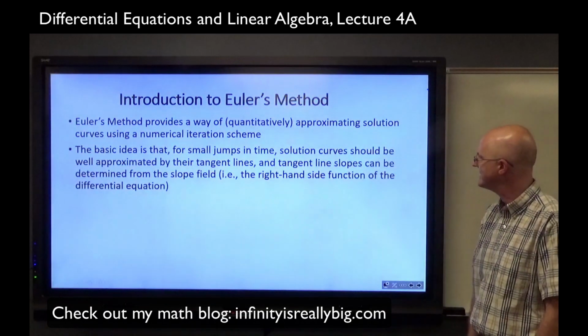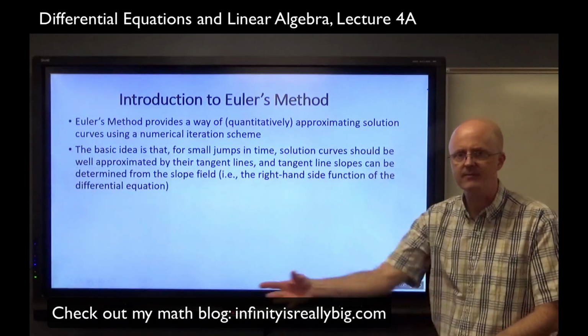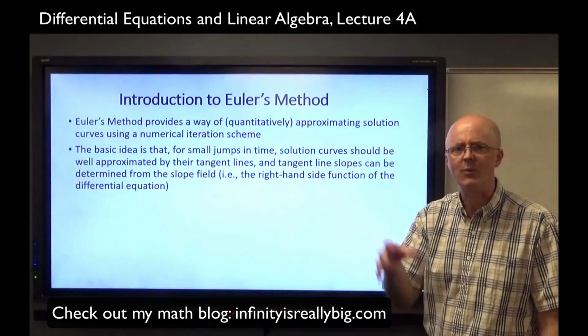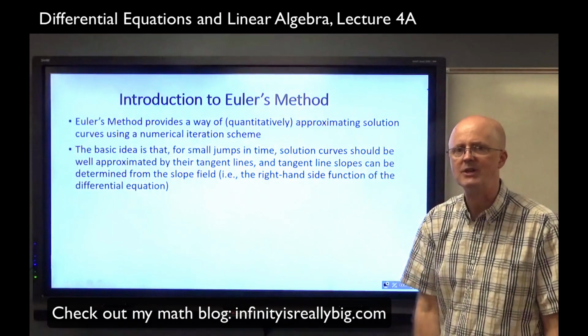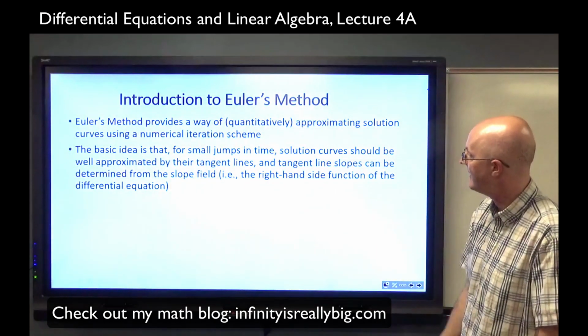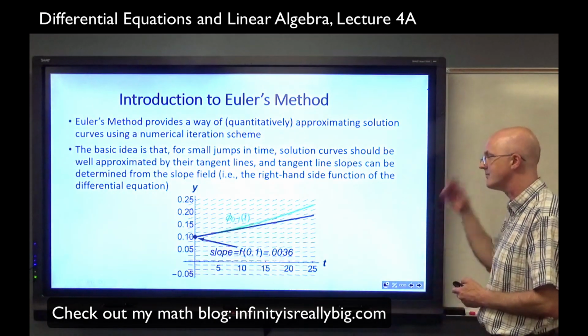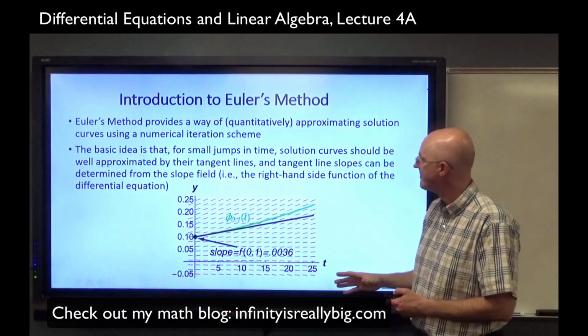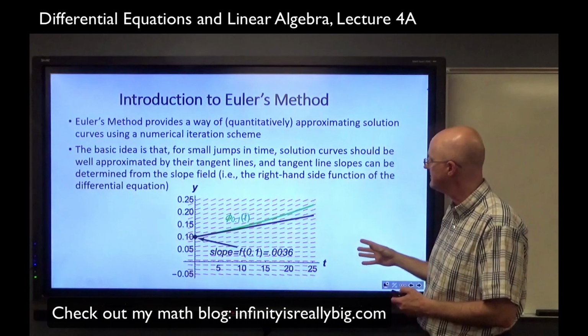In other words, the right-hand side function, the f function, whether it's f of t or f of y or f of t comma y, those right-hand side functions in any given situation determine the slope field and therefore the approximate solutions, the actual solutions and the approximate solution.